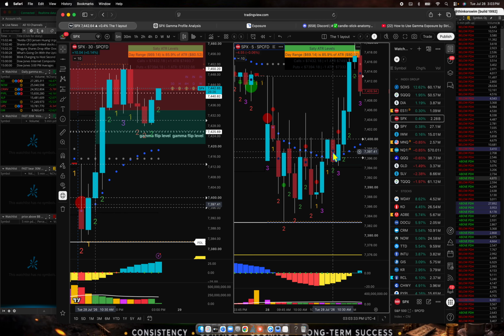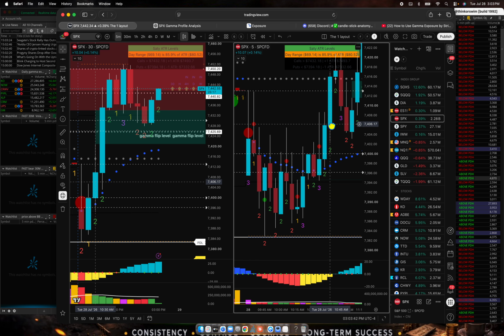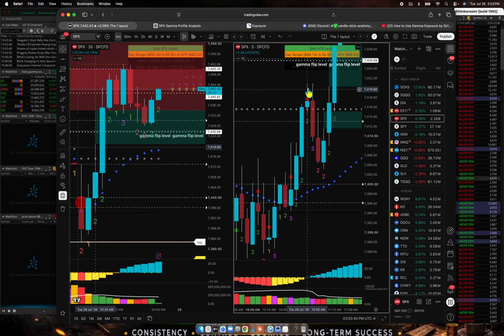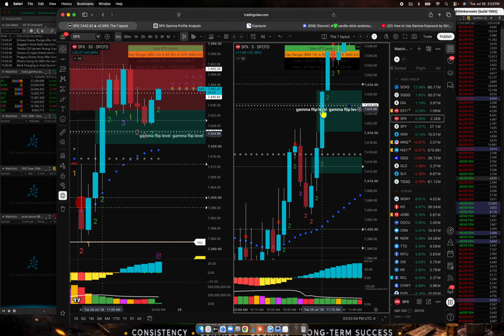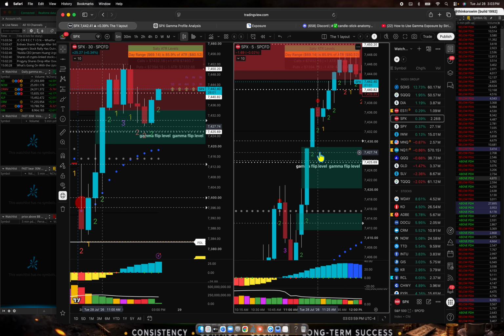It pushed up, sold the rip, bought the dip, then started to rip up. It broke our gamma flip level that we already had pinned out, ripped up, sold the rip, bought the dip, pushed back up.